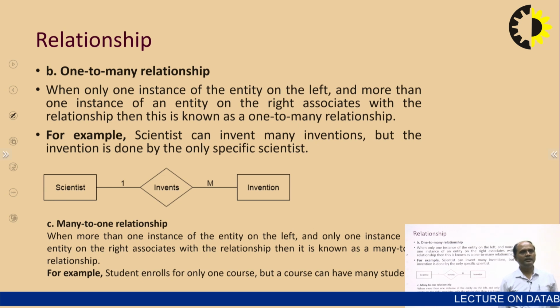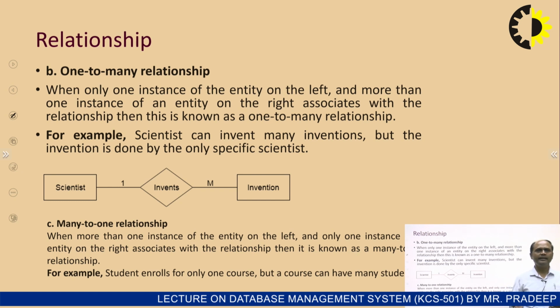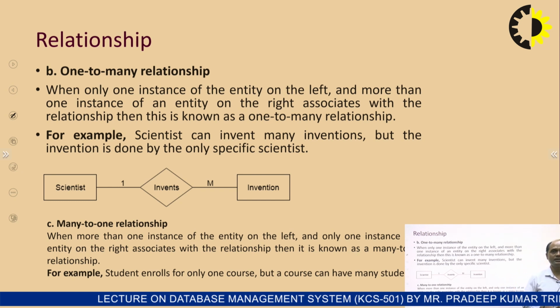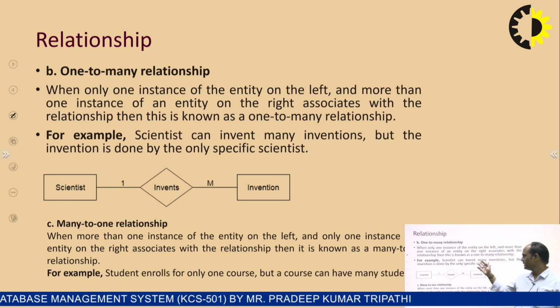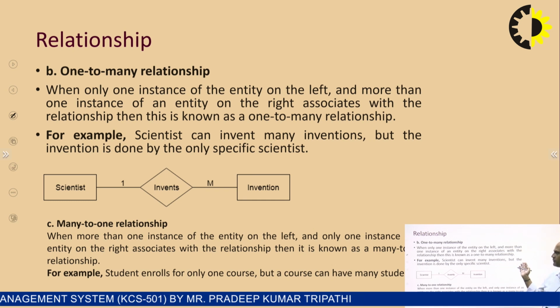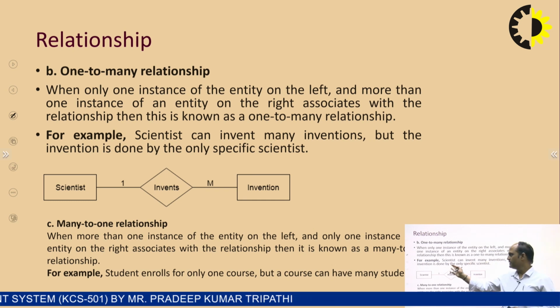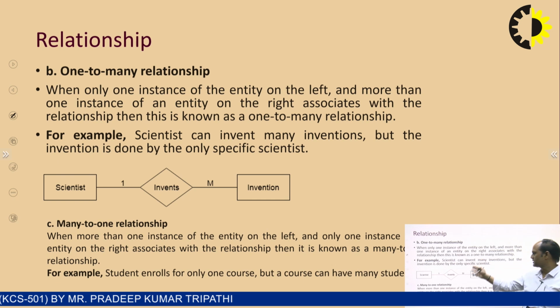And the one-to-many relationship: when only one instance of the entity on the left hand side and more than one instance of another entity on the right hand side are associated with the relationship, it is known as a one-to-many relationship. Suppose we have an example of scientists. Scientists can make many inventions, but an invention can be made by only one specific scientist.